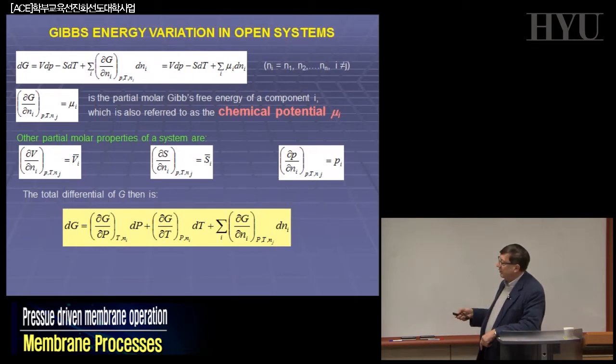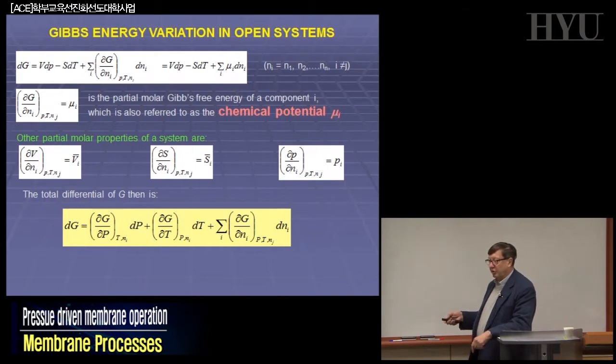We can also define what are called partial molar properties of the system, such as the partial molar entropy, pressure, or volume. That is the typical definition, and you will find this symbol, this bar, characterizing the term. It means that it is a partial molar quantity, referred to 1 mole of each component, and Avogadro's number of elements of the system.